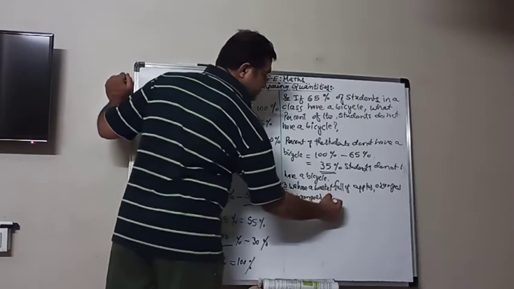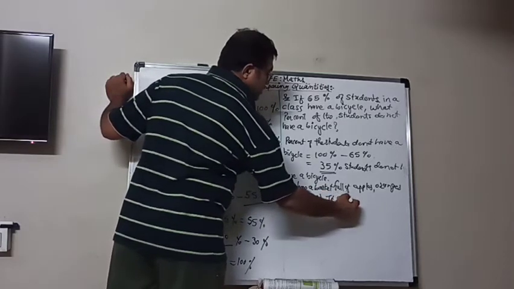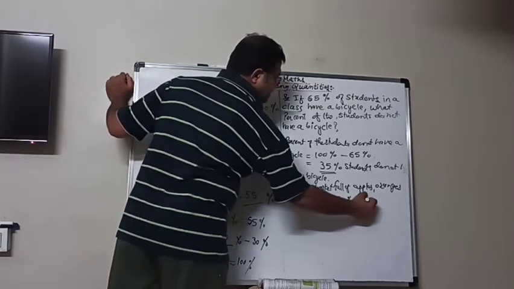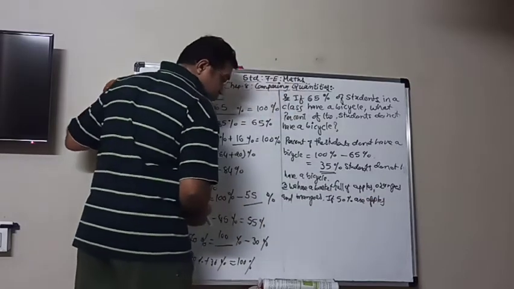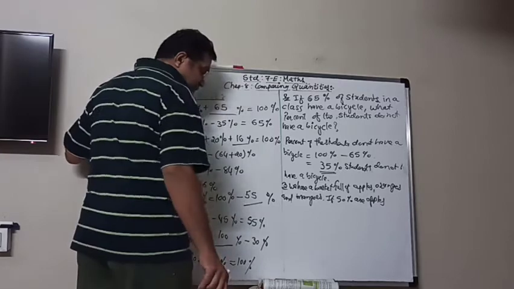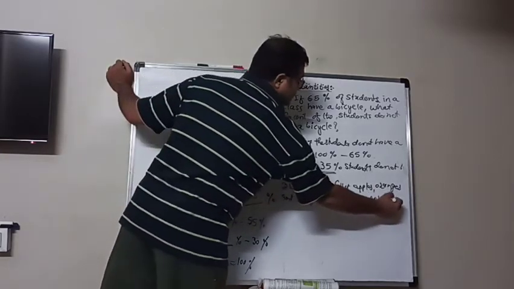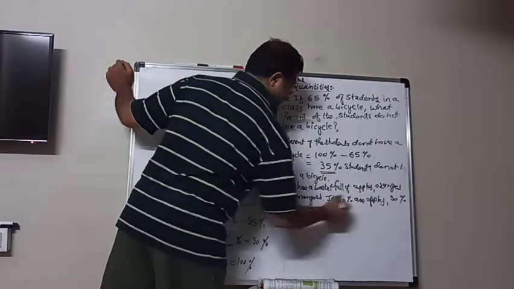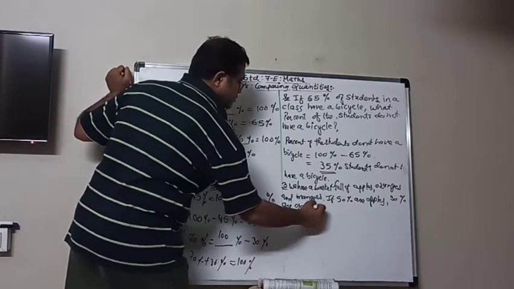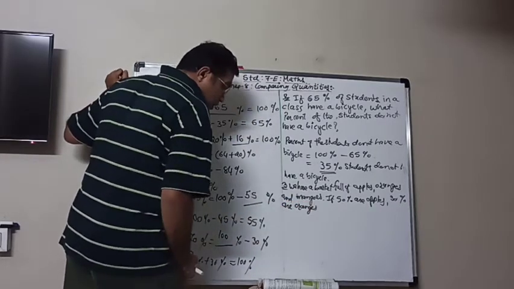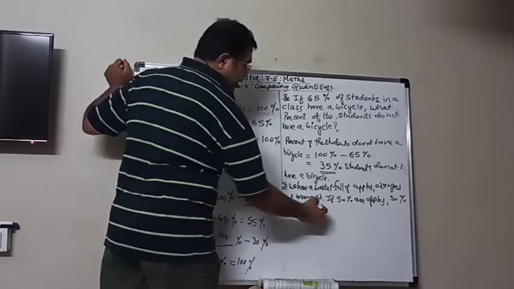If 50% are apples, 30% are oranges, then what percent are mangoes?